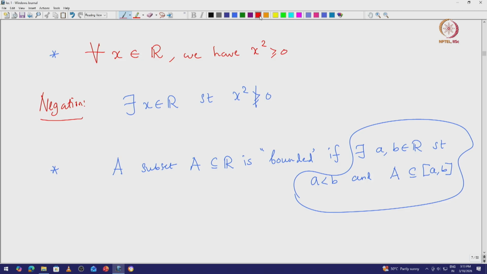So, if I want to say A is not bounded, then what does it mean? It means for all a, b, given any a less than b, elements of R, we need to say A is not contained in the bracket [a, b].